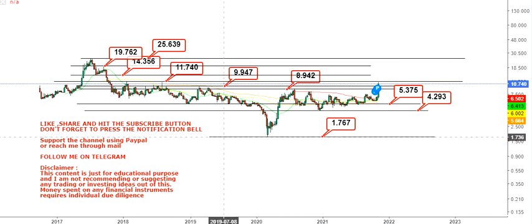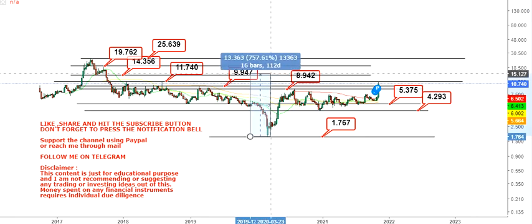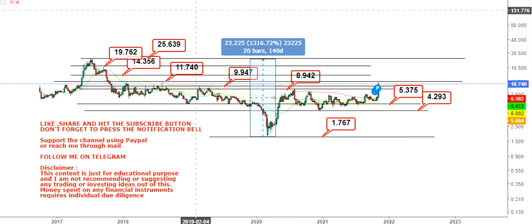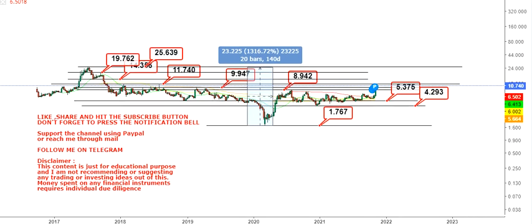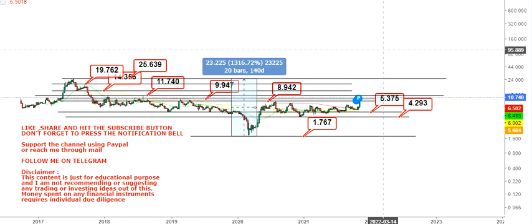For that, as you can see here, this is a range: from 2017 to 2020, from 2020 moving back to the highs of 2017, it is a range. What lies beyond $26 is something that we are going to look at.